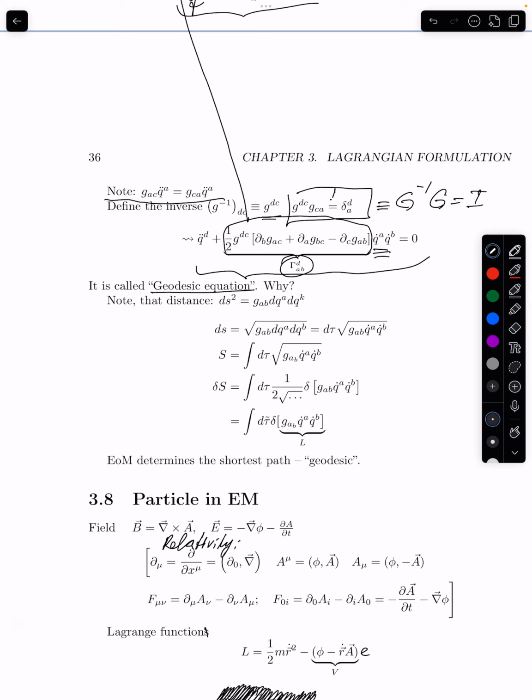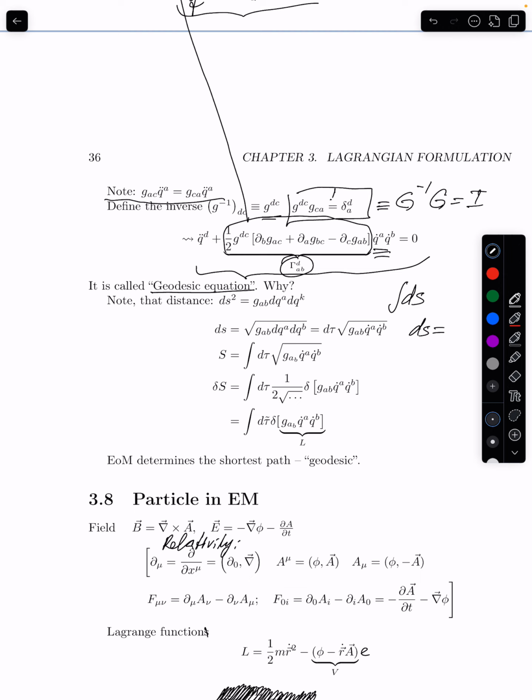So why do we call it the geodesic equation? Because if you consider in Riemannian geometry the length of a line with fixed points, it will be given by ds. We already dealt with that.